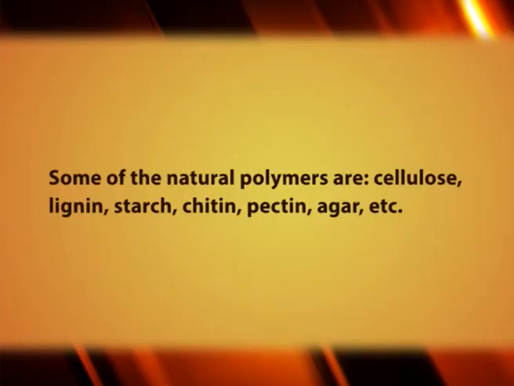Microorganisms have through evolution adapted to natural polymers as well as to other natural substances and have developed methods for metabolism. They can again degrade polymers to their basic building blocks. Some of the natural polymers are cellulose, starch, agar, etc.